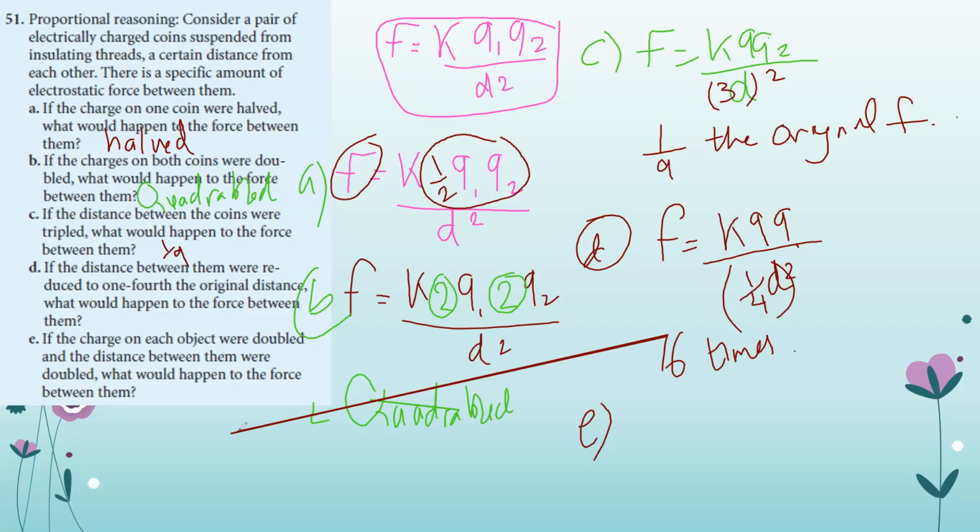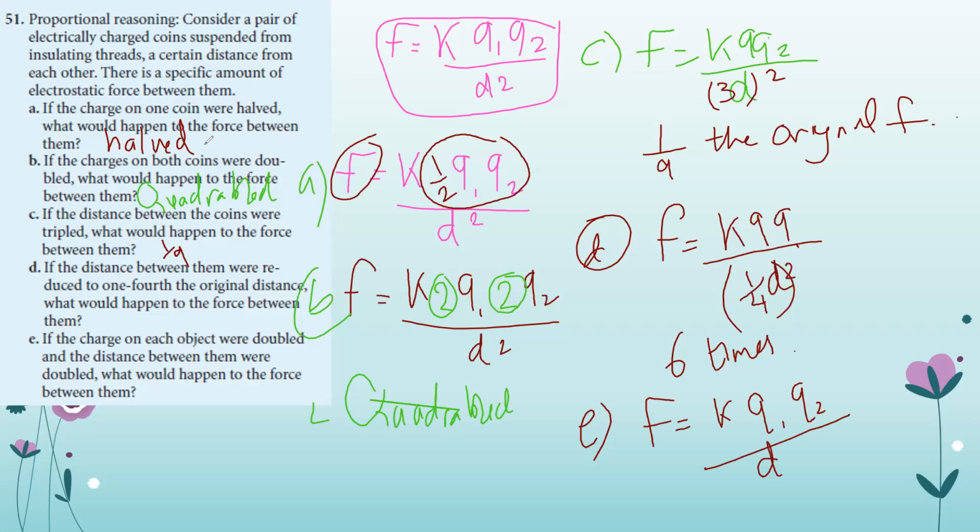Now let's talk about E. If the charge of each object were doubled, that means here is 2, here is 2, and the distance between them also were doubled.